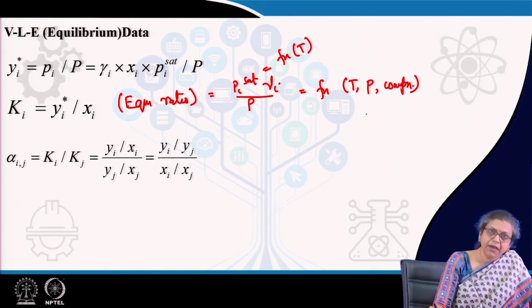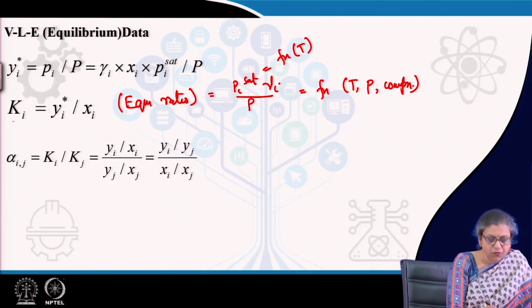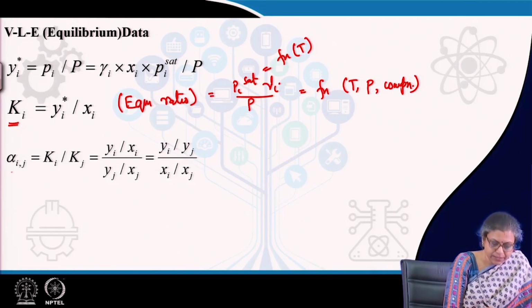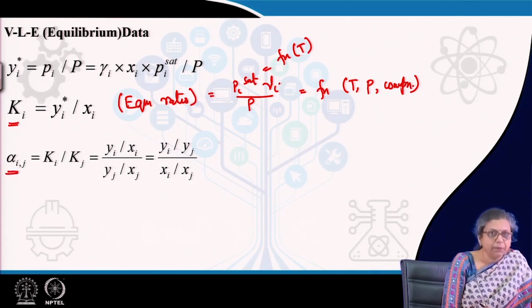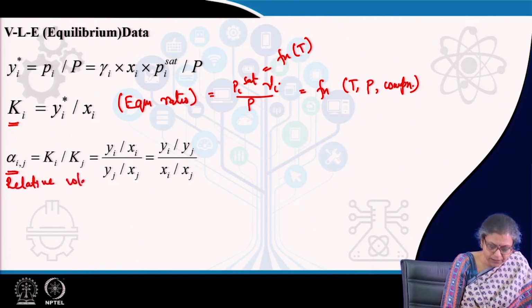So very frequently, instead of expressing the equilibrium data in terms of Ki, we express it in terms of a parameter alpha ij, which is the ratio of the two Ki's, and for vapor liquid equilibrium this is known as relative volatility.